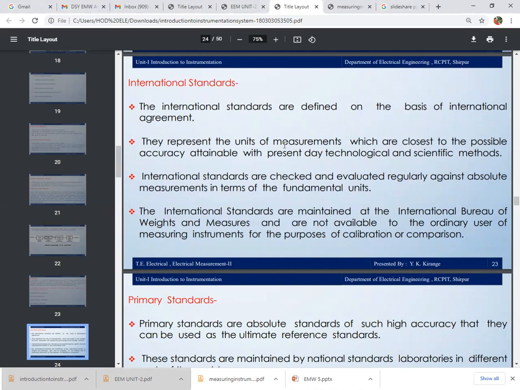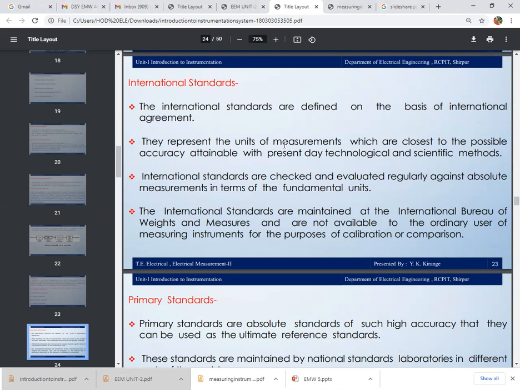These standards are generally used for the purpose of calibration, or we can say for comparison purposes. That means where we have to calculate the percentage error in the testing equipment which is to be calibrated, we compare the instrument with the standard equipment and we can calculate the percentage error.